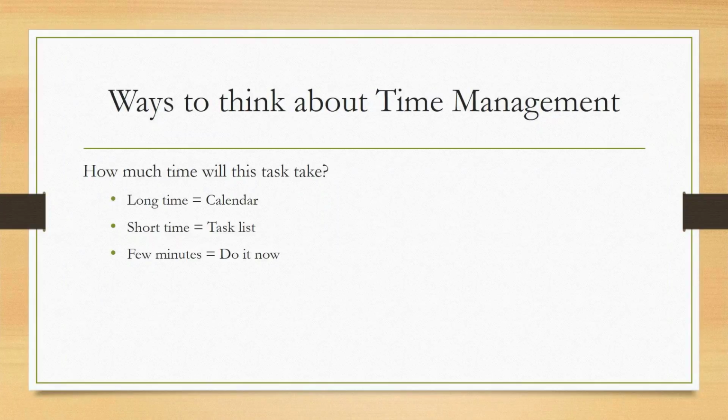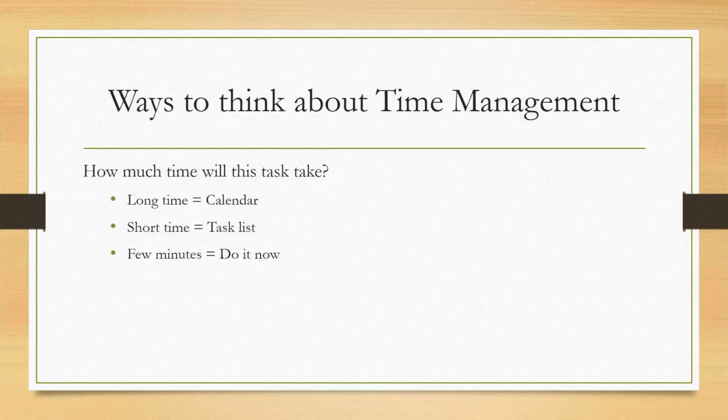So this is going to kind of vary person by person. So the first thing we want to maybe think about is ways that we schedule our time, and how much time. That's the big question. How much time is a task going to take? So is it going to be something that takes a long time? Then we're going to want to put it in our calendar. If it's something that's going to take a short time, in our task list.